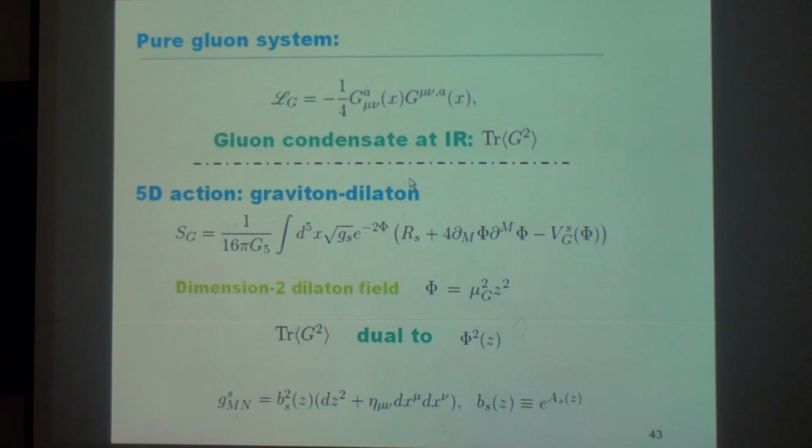Okay, then with this dilaton field, which is actually the same as the soft-wall model or the KKSS model, with the same quadratic term, we can solve for the dilaton potential as well as the metric structure self-consistently.